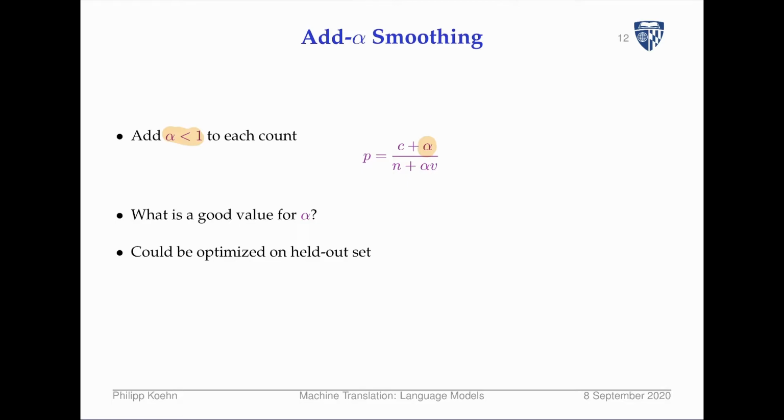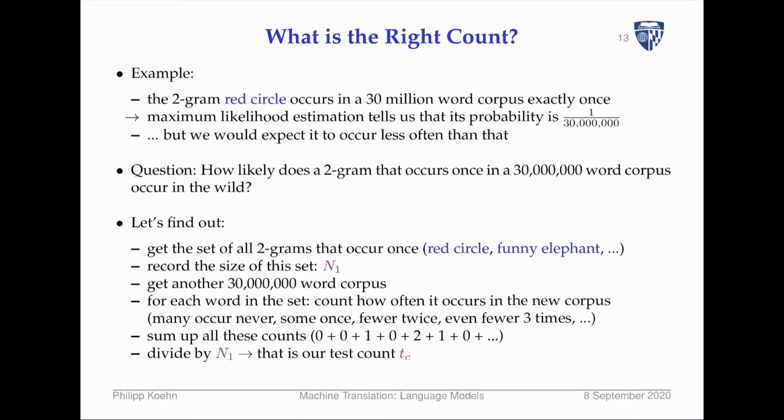So one way we can go about this is to optimize it on a held out set. So this is how we're going to do this. Let's say the 2-gram red circle occurs in a 30 million word corpus exactly once. So maximum likelihood estimation would be just the raw probability for that.